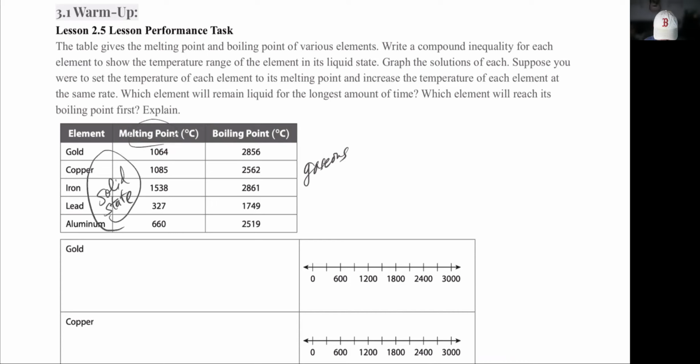And between the melting and the boiling is a liquid state, right? So these are the transition temperatures. For something to be in a liquid state, it would have to be in between these two, right? And it might be in your best interest to find the length of that, for how long it is in a liquid state. Yes? Okay.